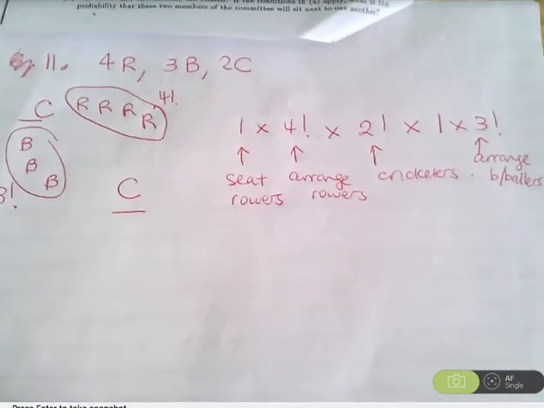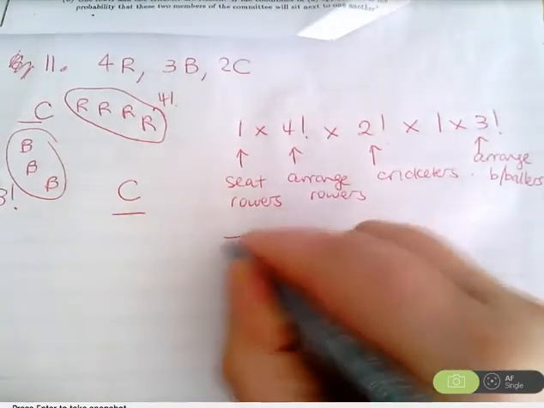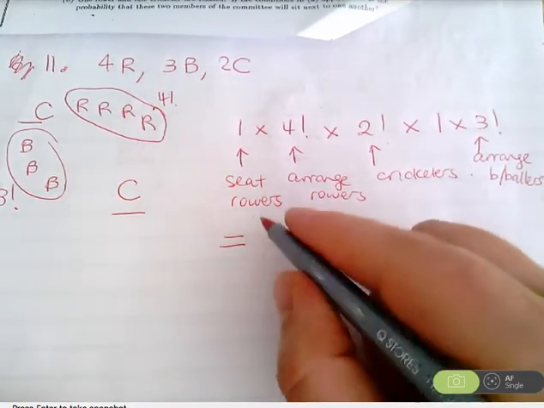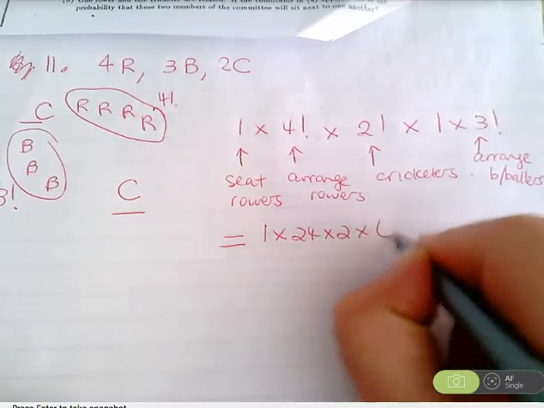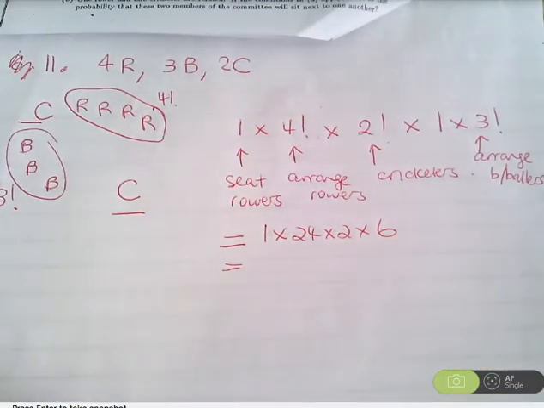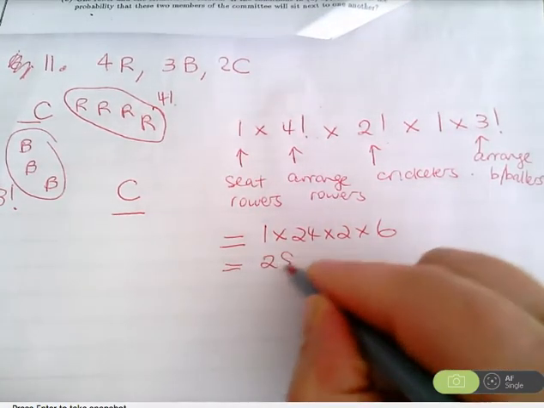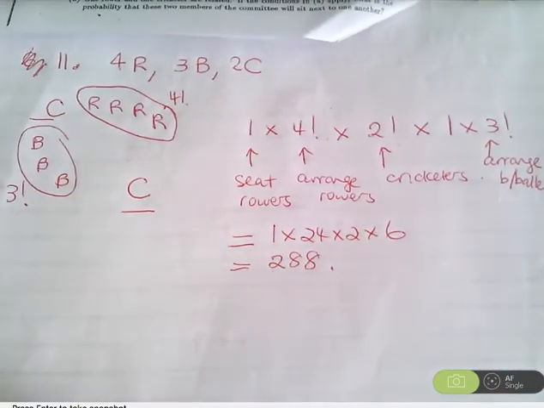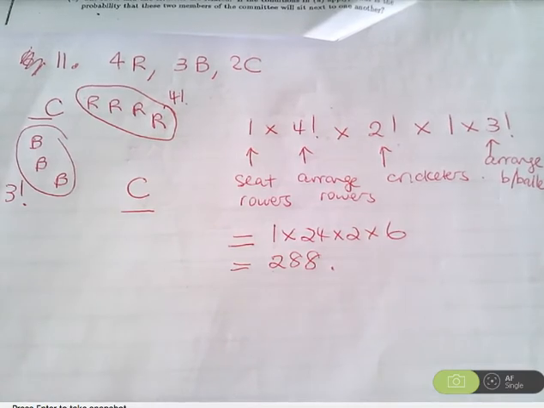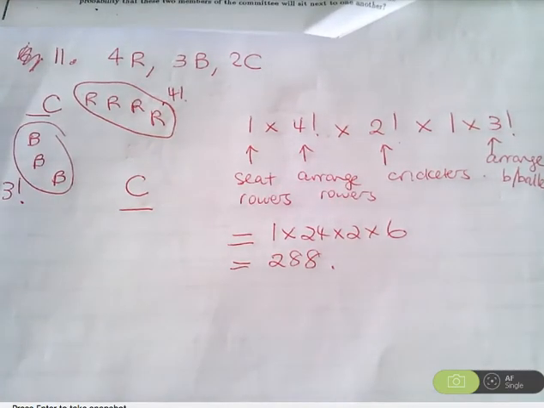So we've got 1 times 24 times 2 times 6, whatever that equals. 288. Okay, you know what? I think question 9's similar, so it's okay. Yeah, so let's just have a break.